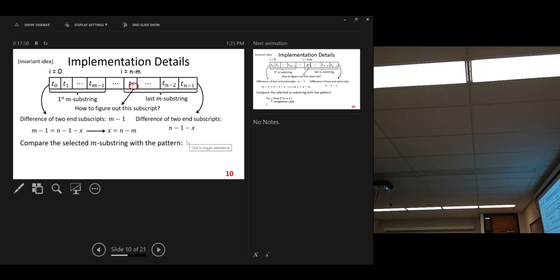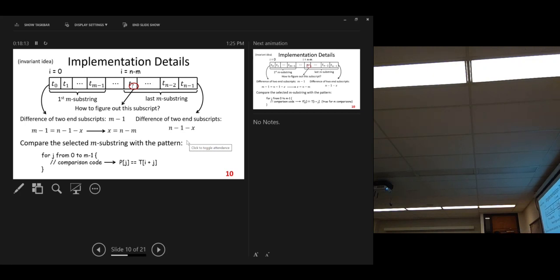Compare the selected m string with the pattern. So we use a for loop to compare character by character. The pattern character at j and the text character at i plus j.